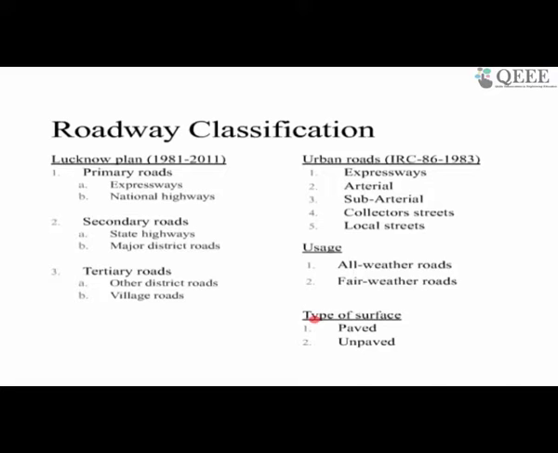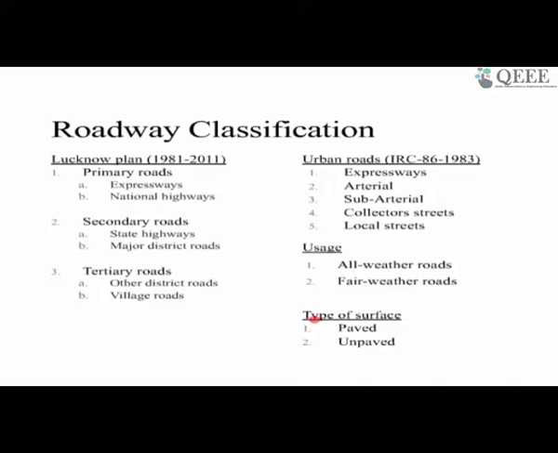IRC is a design code for road development and road design, and there are various IRC Indian Road Congress codes. The urban roads, or city roads, are divided first into expressways, which are of the higher category, with high speed and less access, meaning very few intersections.